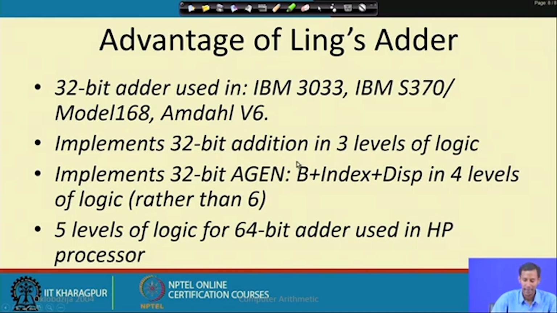Then 3 bit addition in 3 levels of logic, and 5 levels of logic for the 64 bit adder used in the HP processor. So, the Ling adder was very useful in the earlier days.